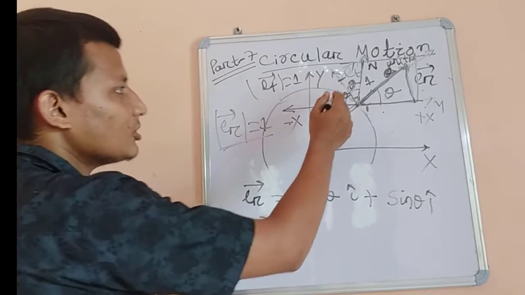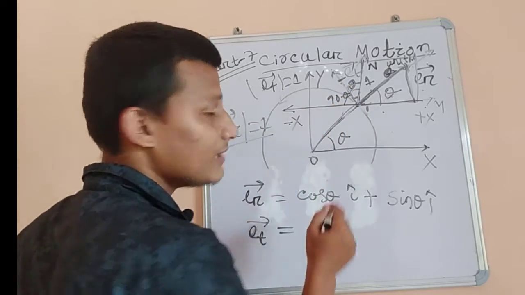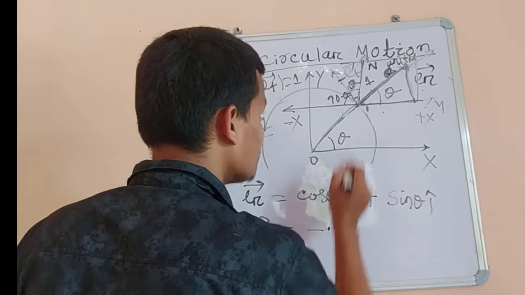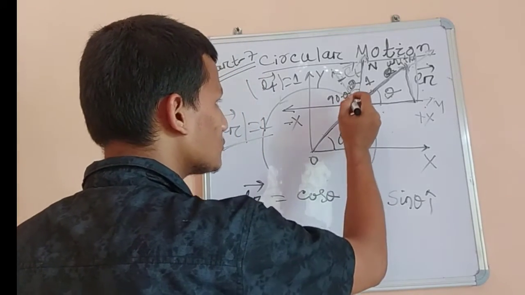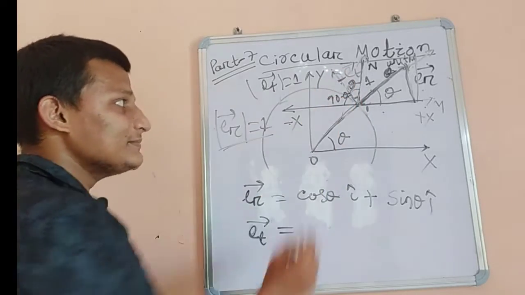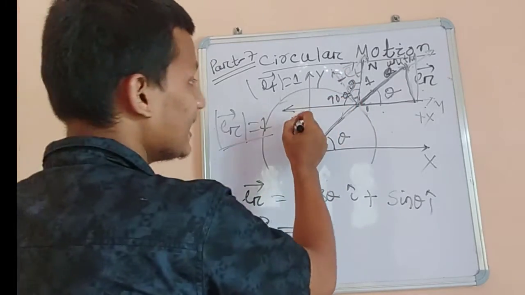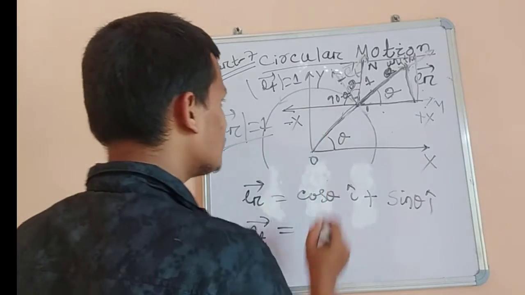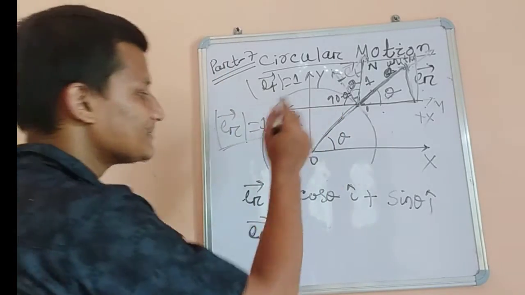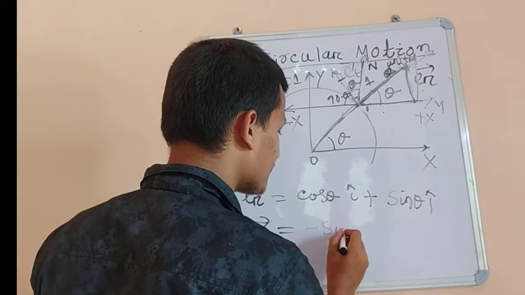So its component along the negative x-axis is minus sin theta, because cos of 90 minus theta is sin theta, and we are moving along the negative x-axis.